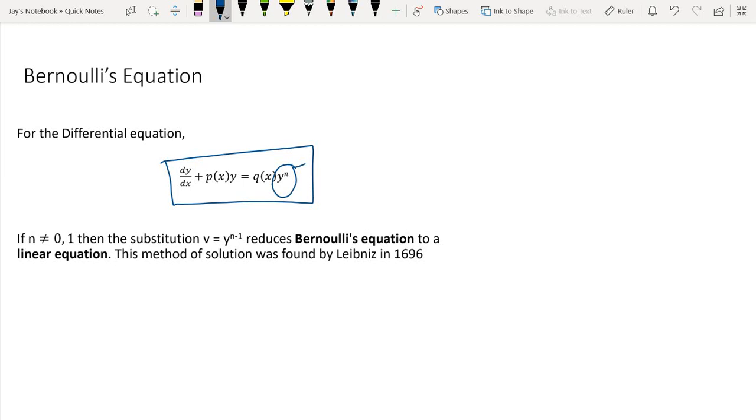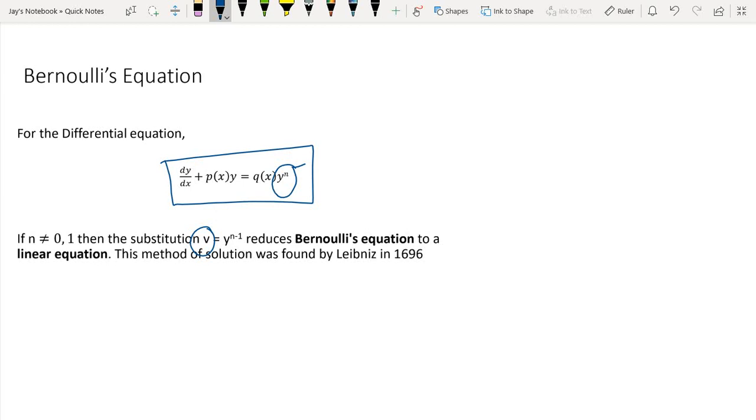In solving Bernoulli's differential equation, we have to introduce a new variable, v, where v is equivalent to y raised to n minus 1. By introducing v, we can reduce the Bernoulli's equation to a linear equation, and then we follow the procedure for linear equations in determining the general solution.